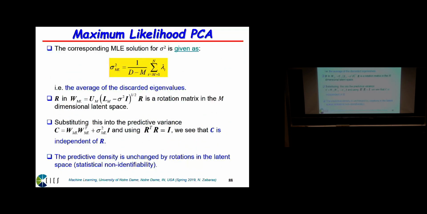And is there any formula for sigma squared that you get with MLE? Yes. And look at that, not surprising result. Sigma squared comes to be the average of the discarded eigenvalues. Where did we see these discarded eigenvalues? Say it again? Distortion? Oh, in the distortion criterion. So tell me more about the distortion. We did two formulations, right? One to maximize the variance of the projected data, another one to minimize the errors.